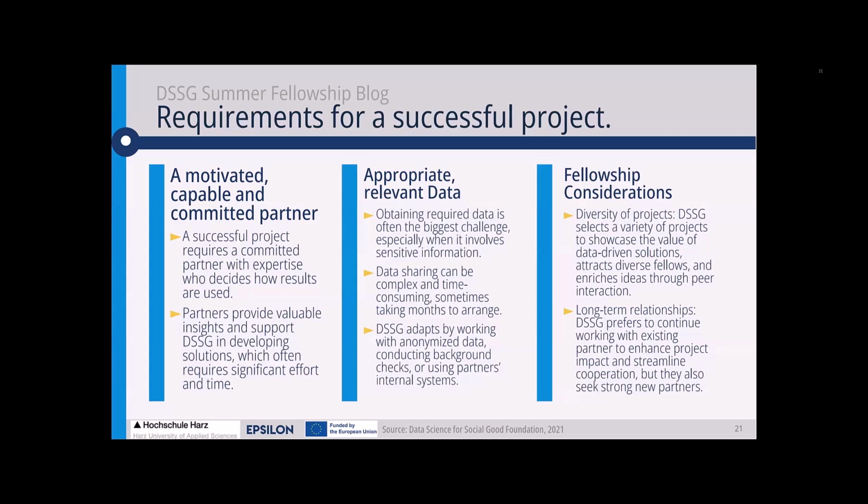The next thing you should be aware of before you start the project, and that which is crucial in order to find a successful project, is the diversity of the projects. Normally, the social data science organizations do have a variety of projects to showcase.